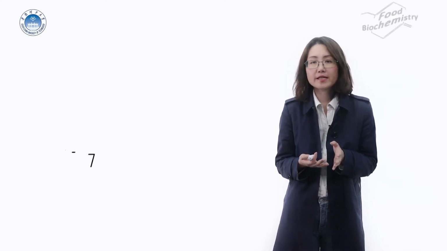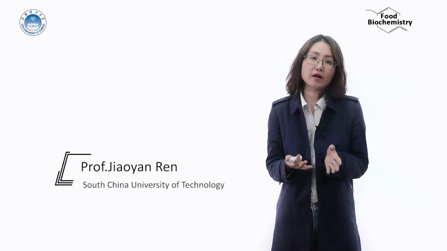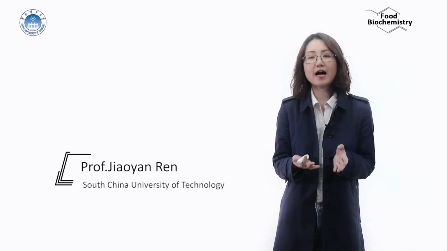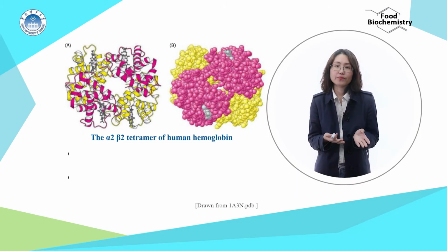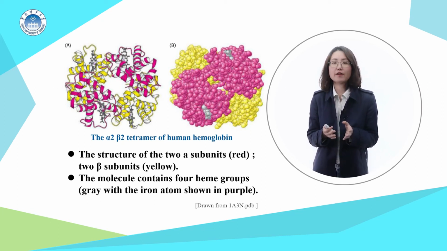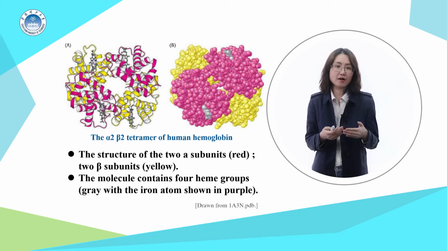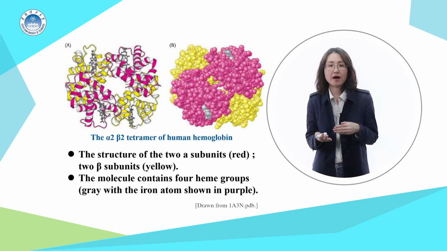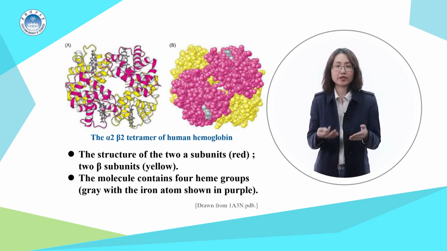More complicated quaternary structures also are common. More than one type of subunit can be present, often in variable numbers. For example, human hemoglobin, the oxygen-carrying protein in blood, consists of two subunits of one type, designated alpha, and two subunits of another type, designated beta, as illustrated in the figures shown here.